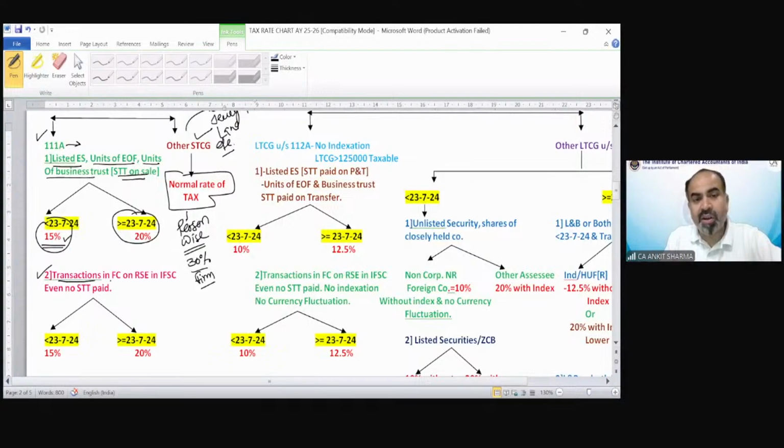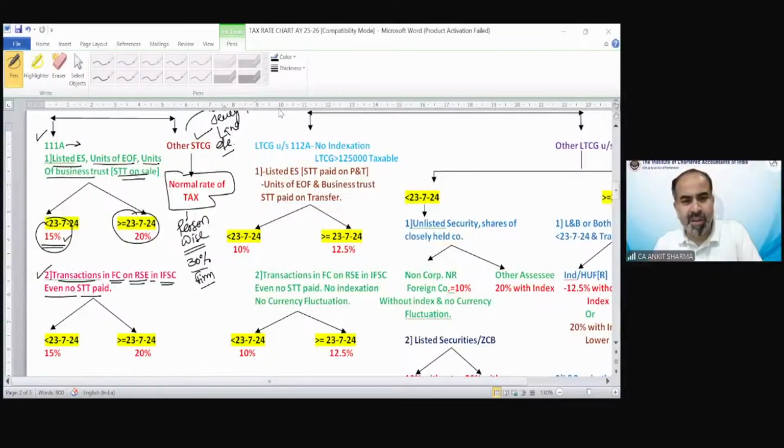Transaction in foreign currency. It is not that TTBR, TTSR case, that is separate. So transaction in foreign currency on a recognized stock exchange in an international financial service center. So even if no security transaction tax has been paid, do not worry. The detail has been mentioned.